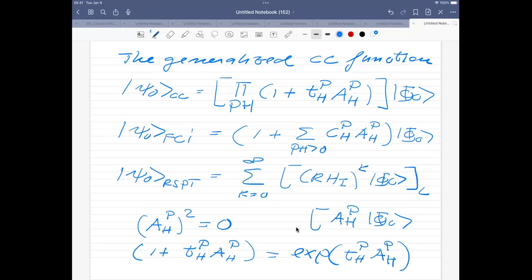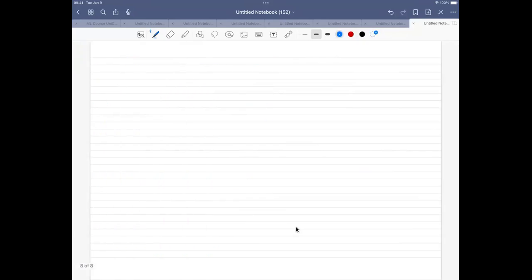So when I look at the general form of this expression, I would define an operator T, which is simply the summation over all these particle-hole excitations, where I have these unknown amplitudes which need to be determined. And in our case for coupled cluster theory, this is going to be a set of coupled nonlinear equations.